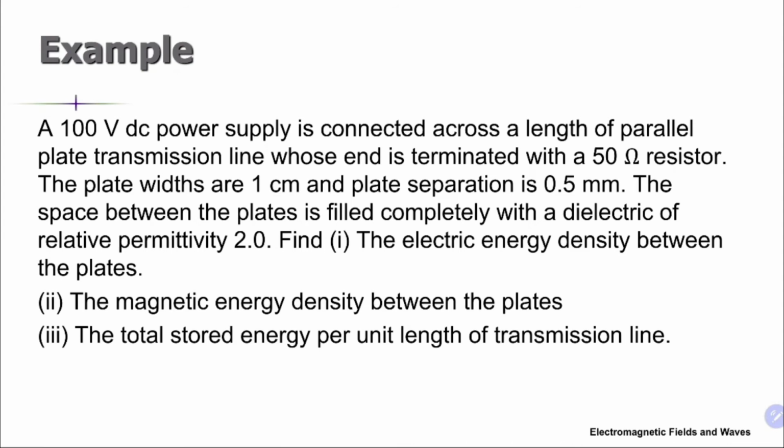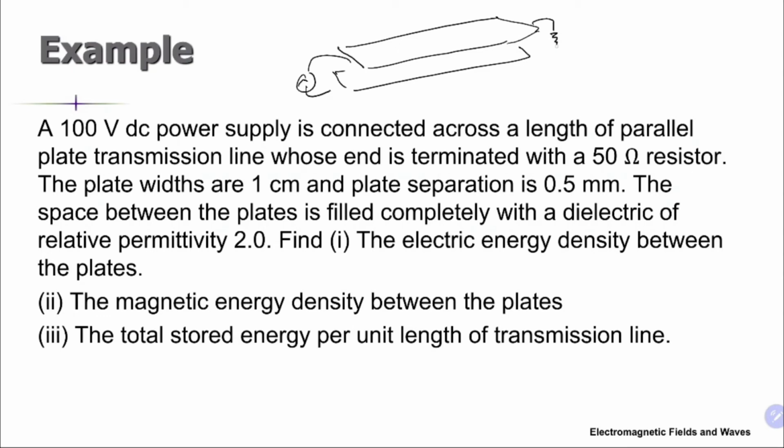So this brings together the things that you studied in electrostatics and magnetostatics. We have a parallel plate transmission line, with one side connected to a supply and the other side connected to a load.